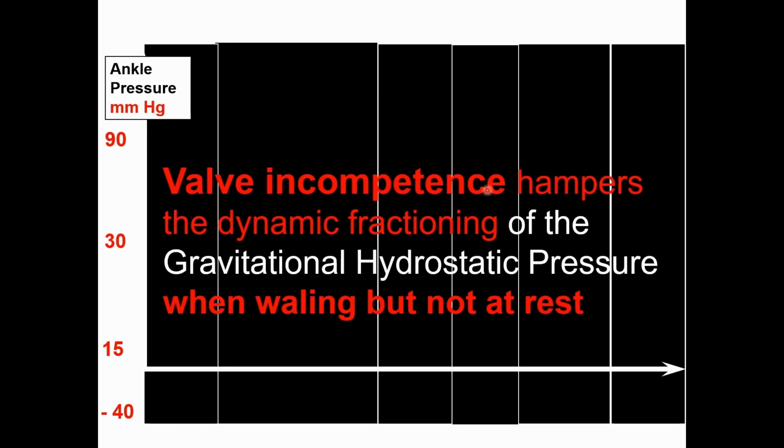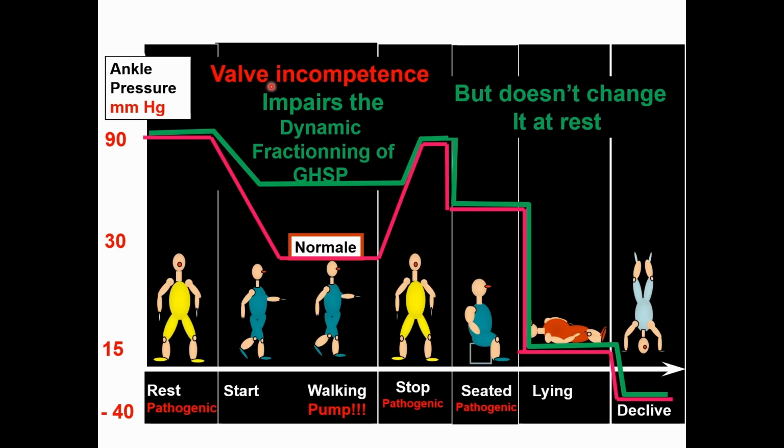Valve incompetence hampers the dynamic fractioning of the gravitational hydrostatic pressure when walking, but not at rest. Valve incompetence impairs the dynamic fractioning of the hydrostatic pressure when walking, but doesn't change it at rest, standing, sitting, lying, decline.